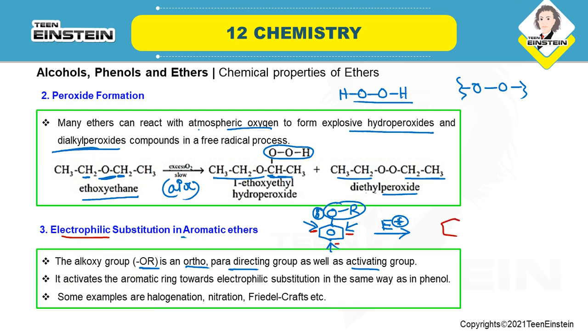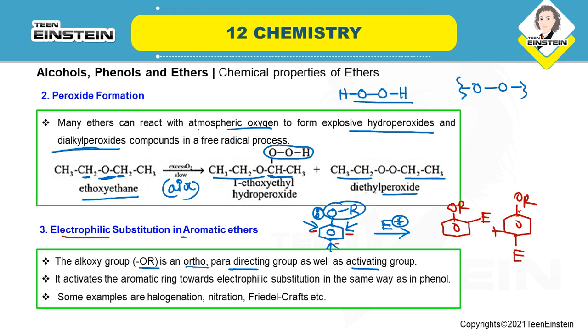So ultimately the product is OR, and if I write the ortho product, the ortho hydrogen is replaced by E, and the para product will be like this. It is a mixture of these two, depending on major and minor, which depends on the actual structure. This is an example of electrophilic substitution reaction in aromatic ethers.